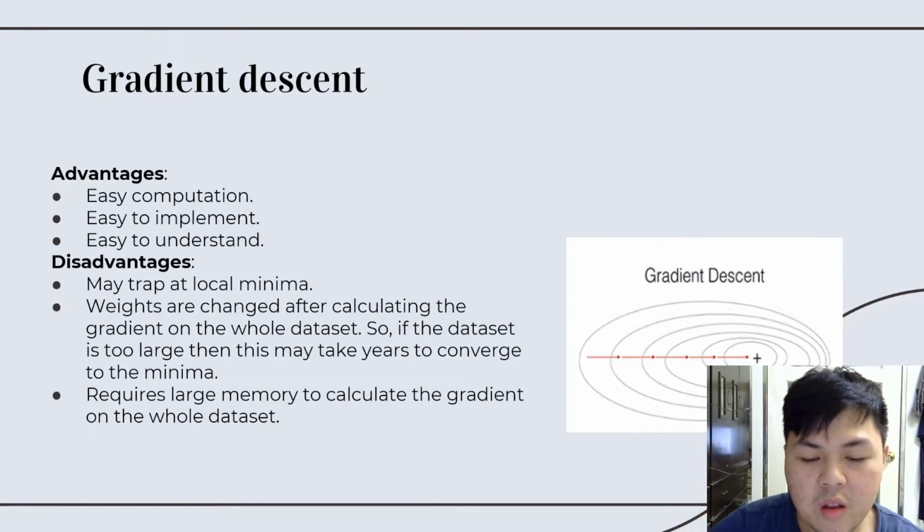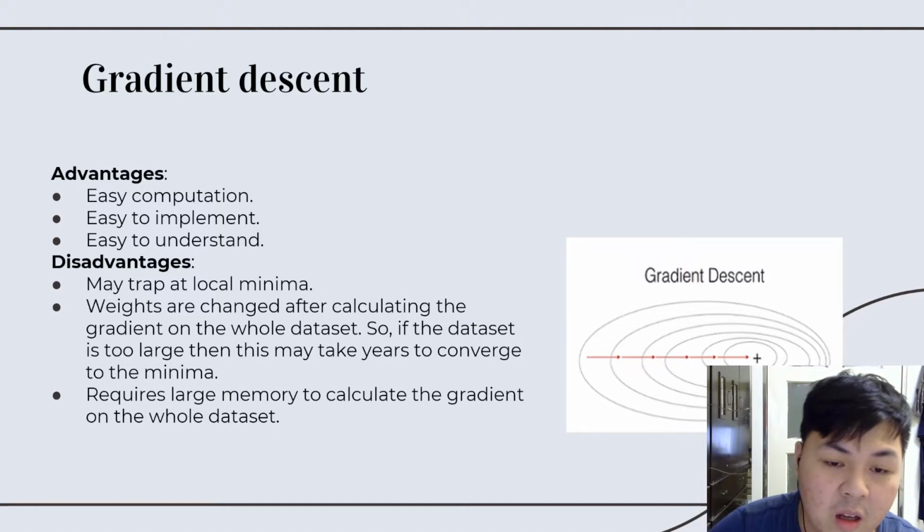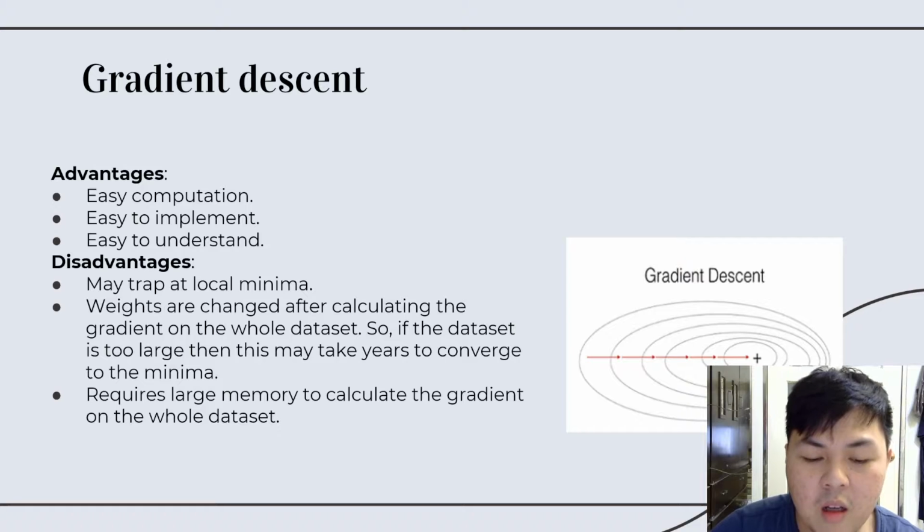Weights are changed after calculating the gradient on the whole dataset, so if the dataset is too large, this may take years, or will take too much time to converge to the minima. It also requires large memory to calculate the gradient on the whole dataset.